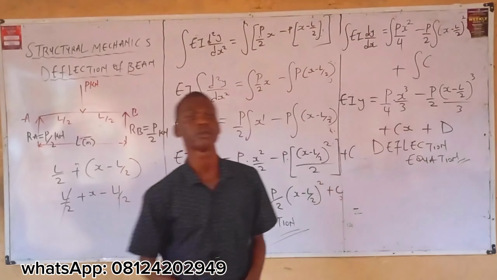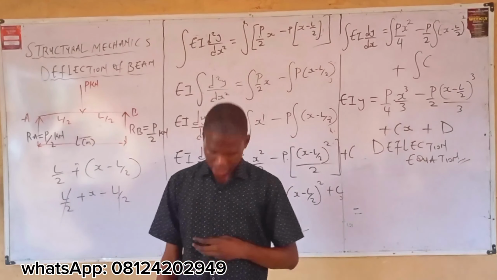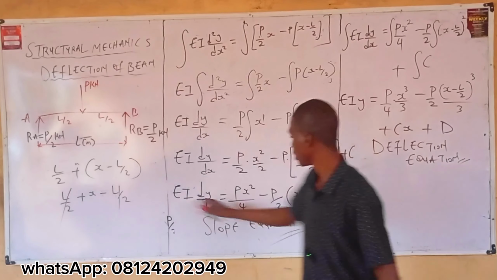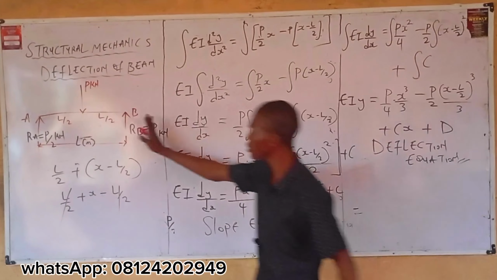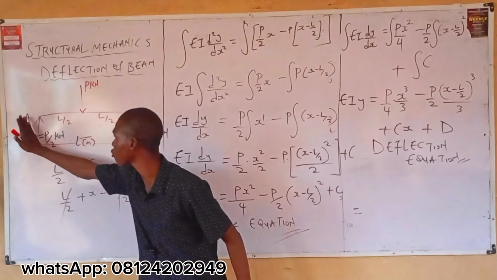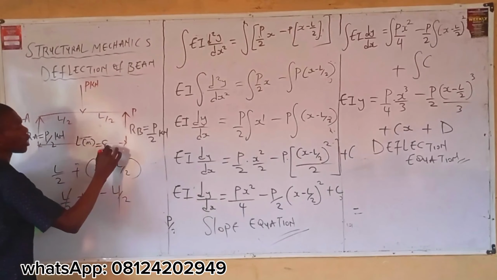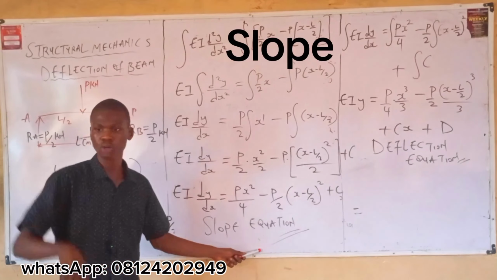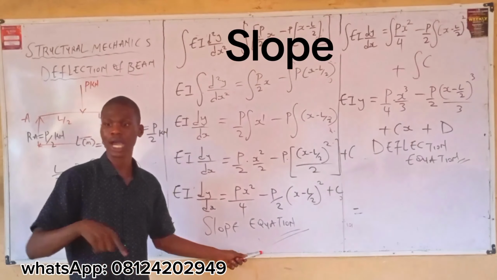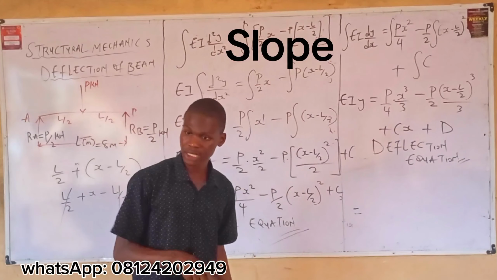Okay, now from here, this is your slope equation. This is your deflection equation. Meaning for this beam, you can find slope across any length. Let's say that the total length here is 8 meters. Using this equation, you can find deflection at 0 meters, at 2 meters, at 4 meters. Are you getting me?